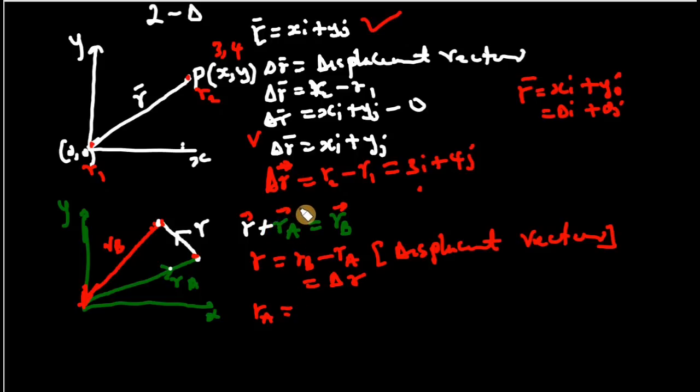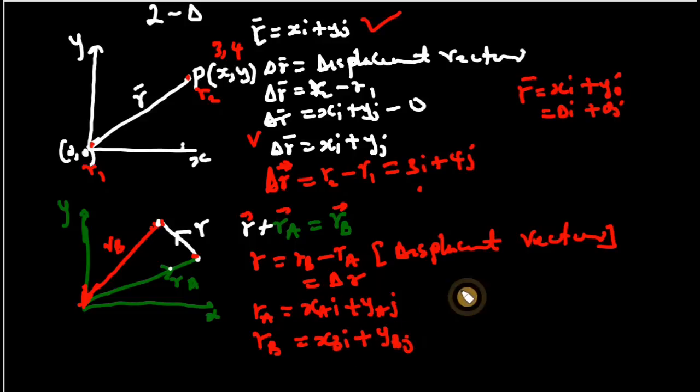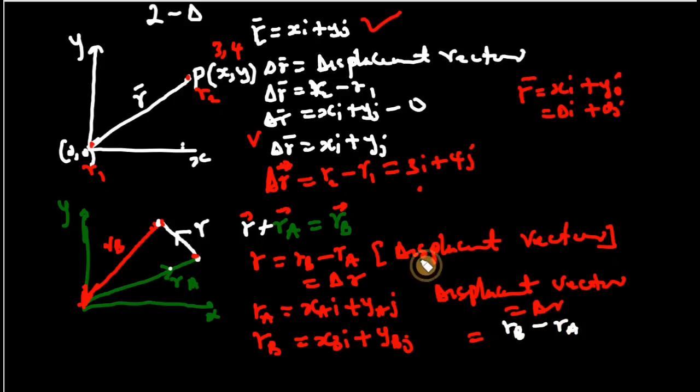Now from this formula we have that RA is XA i plus YA j. Similarly, RB will be XB i plus YB j, such that the displacement vector, given by the change in the position, will be, as we said, RB minus RA.